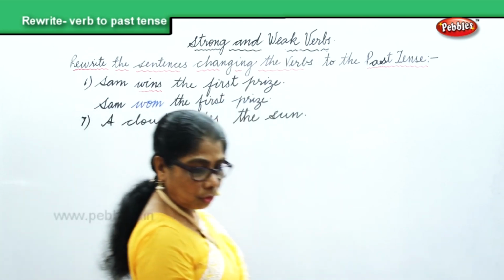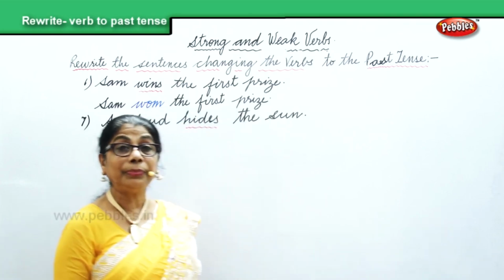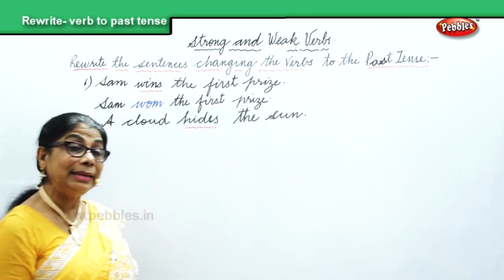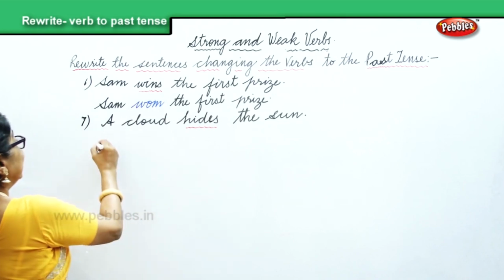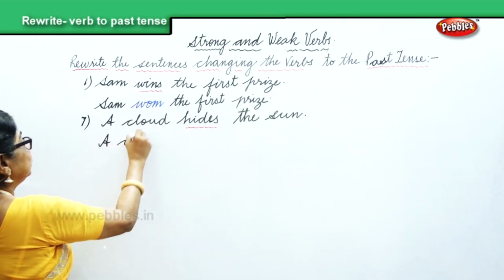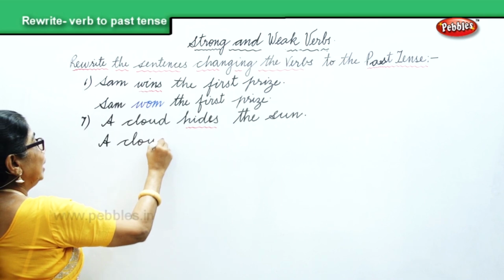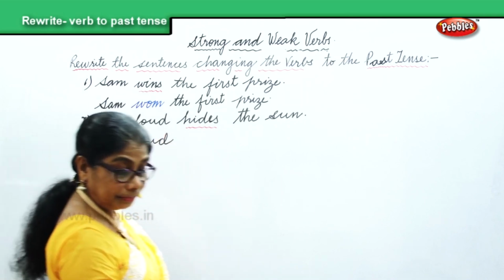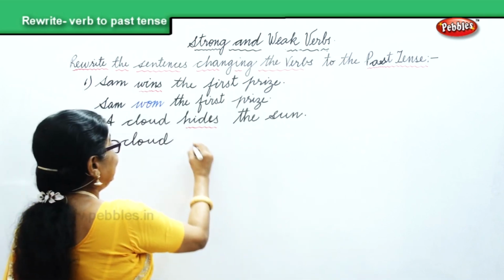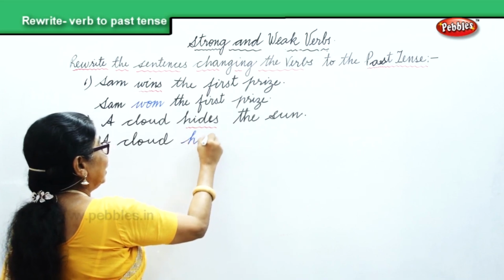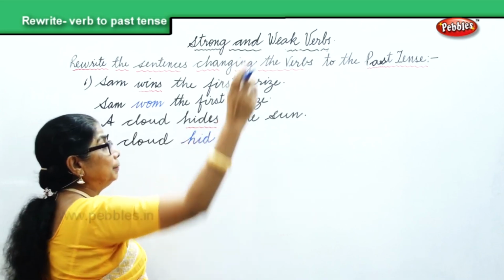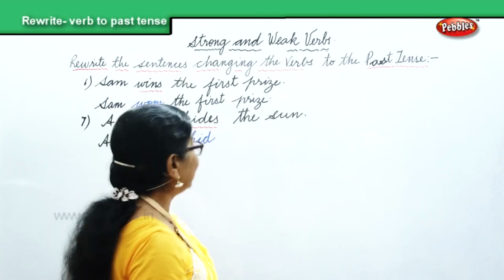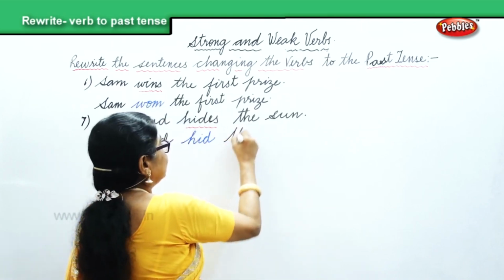So when you take it to the past, it becomes, a cloud hid the sun. Hide becomes hid. A cloud hid the sun. Hide, past becomes hid.